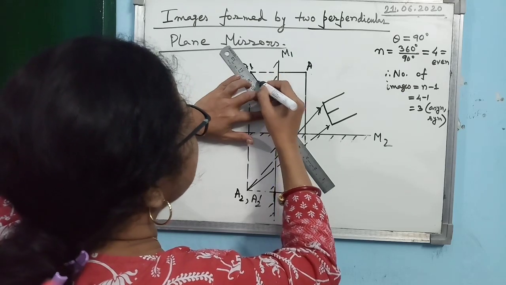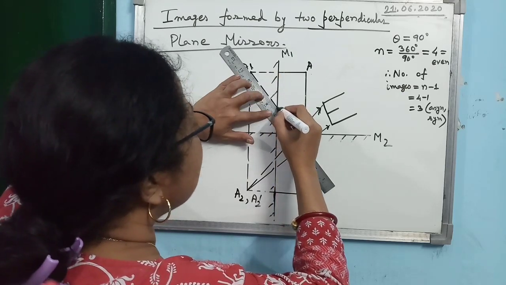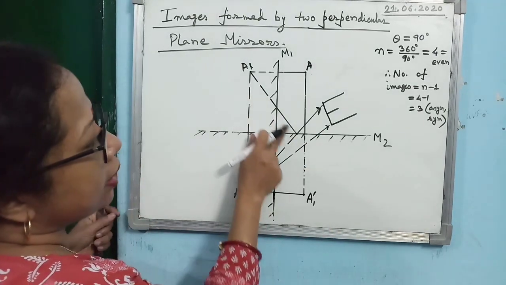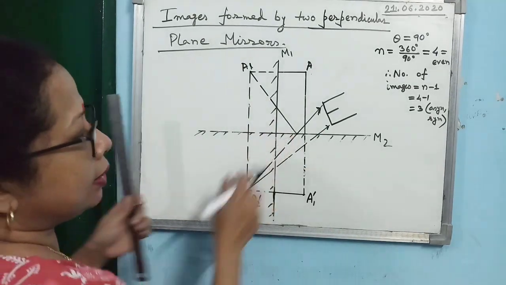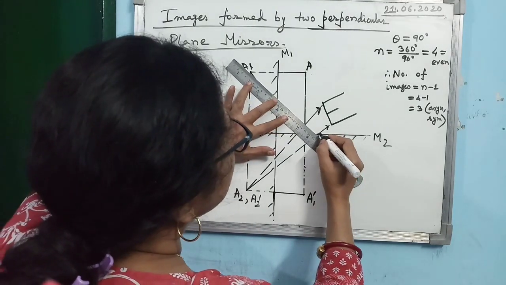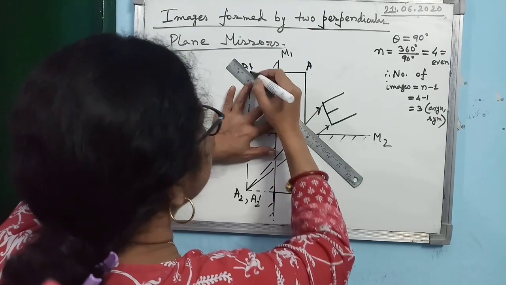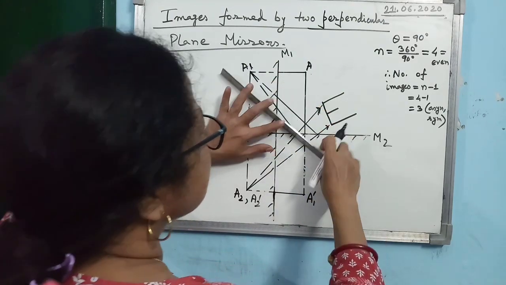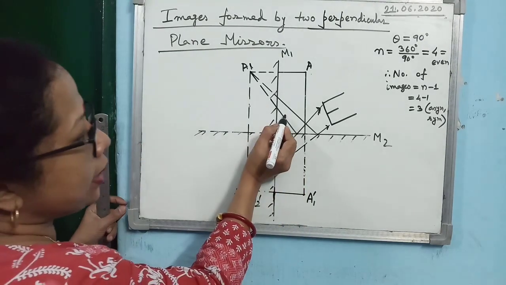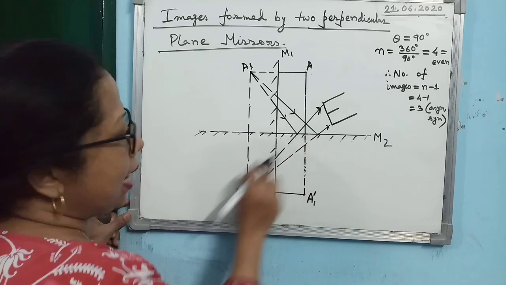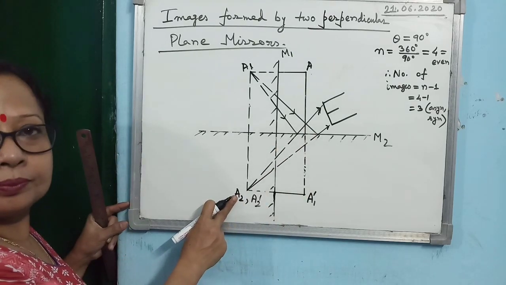Hold the scale properly, and again when you join, behind the mirror it should be dotted, in front of the mirror solid. And then again you join A1 with the point of intersection with M2. So you are getting this. Alright, so put an arrow, light is falling on M2, reflecting, and the image is formed.